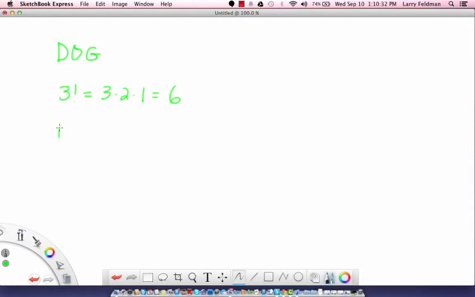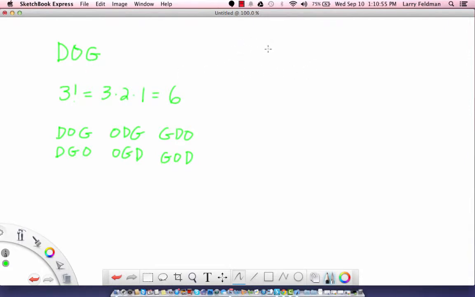In other words, we have D-O-G, D-G-O, O-D-G, O-G-D, G-D-O, G-O-D. So there are 6 ways that we could arrange the letters in the word dog.